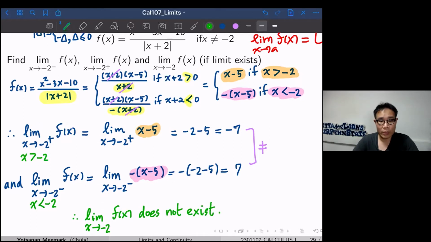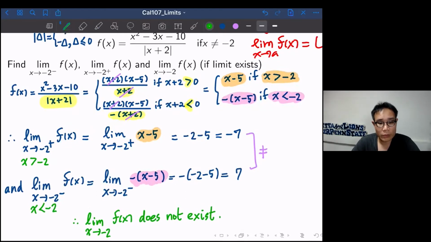Okay, so this is how we do this one. You have left limit not equal to right limit, and you'll be able to get that the limit does not exist.